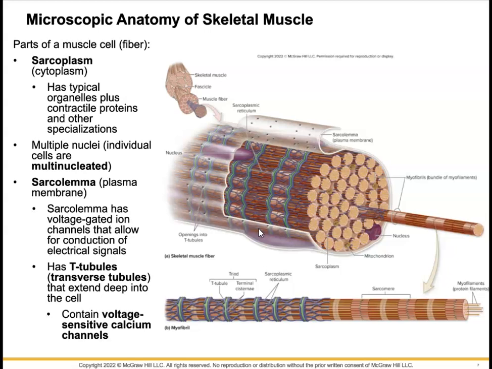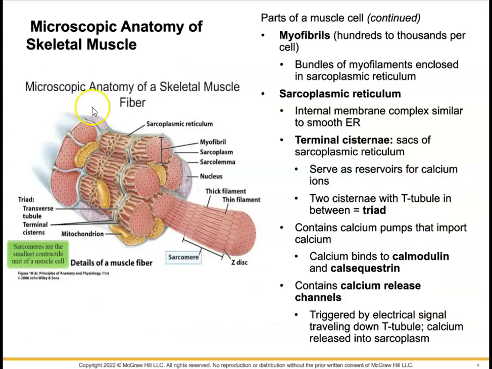a little bit better. Now, because these transverse tubules are made of cell membrane, they have the same characteristics as the cell membrane, which is they have voltage-gated channels. All right, if you look at this image here, you can see this entire structure, of course, is one muscle fiber, which is one muscle cell.